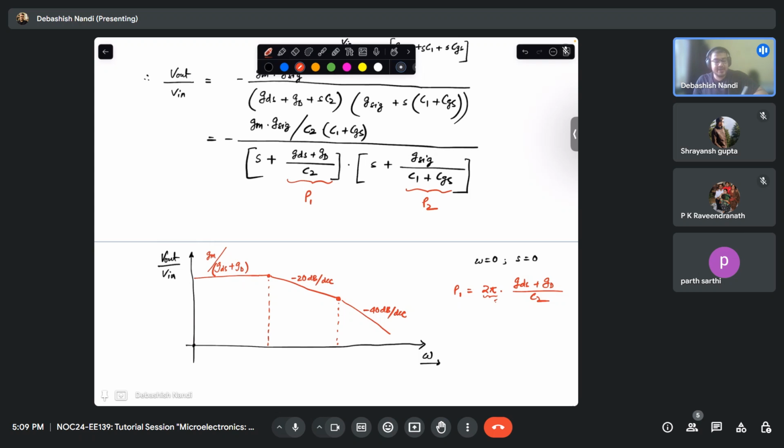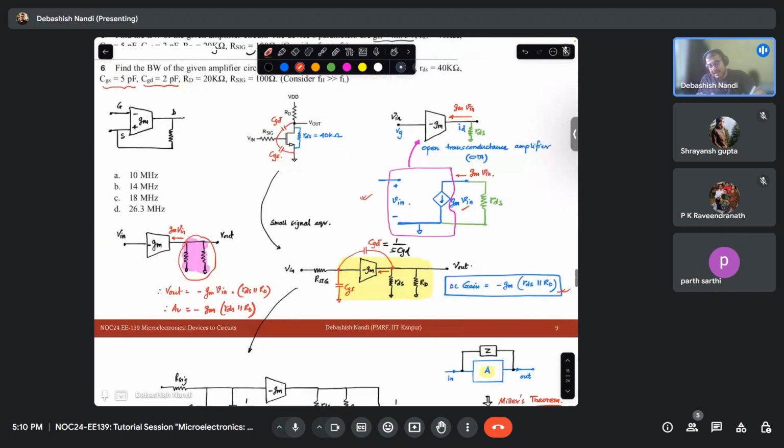Remember this 2 pi term, okay? And your P2 will be 2 pi times G sig over C1 plus CGS. So if you calculate this, you will find out that this is around 14 megahertz. All the information is given in the question, right?